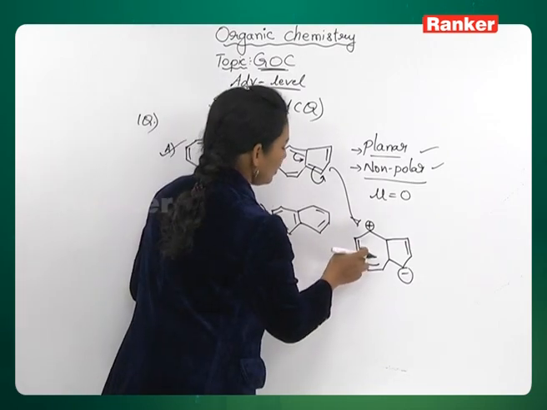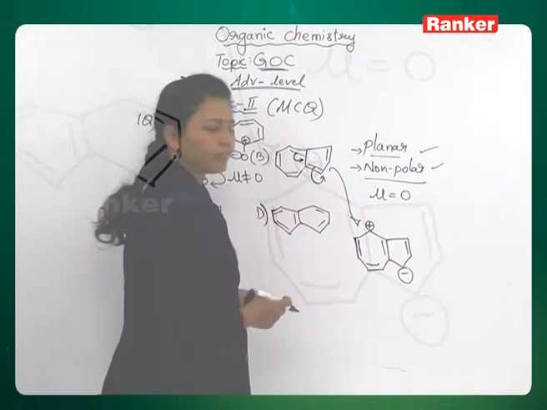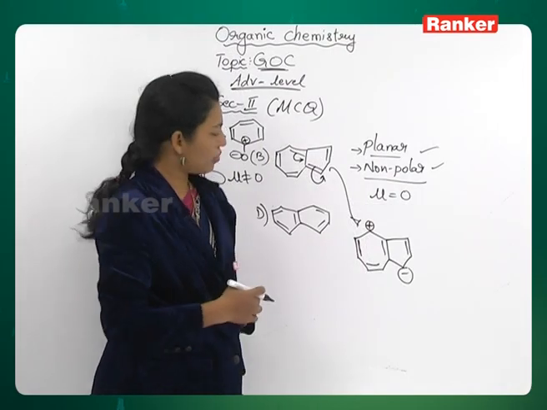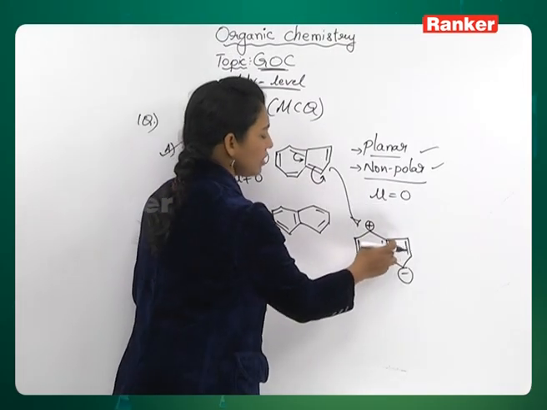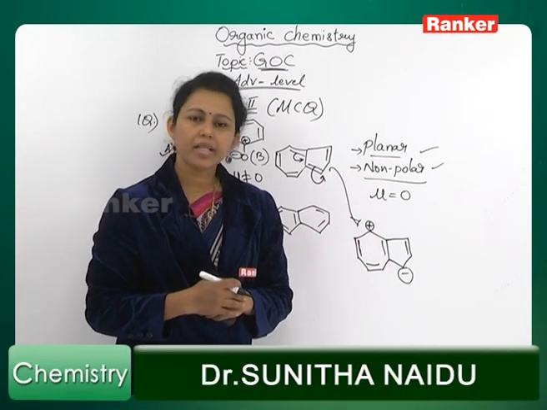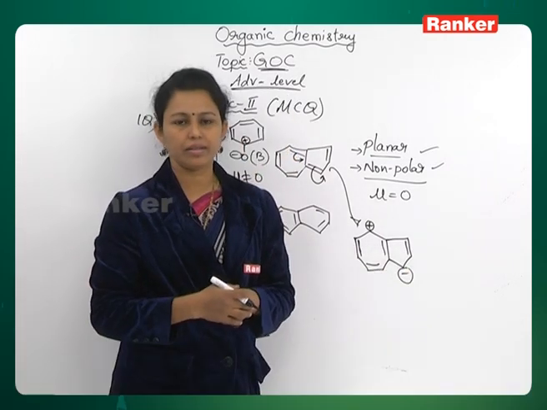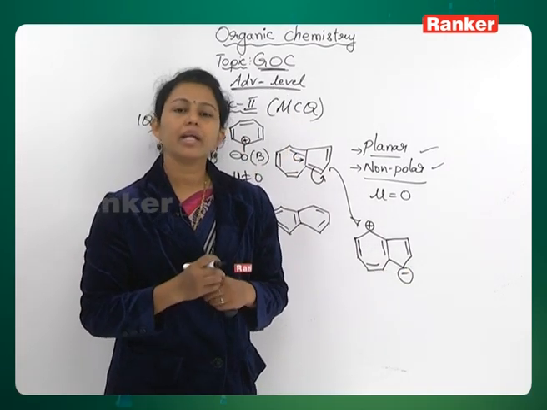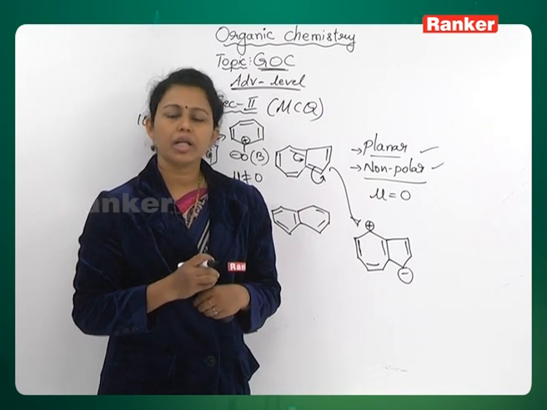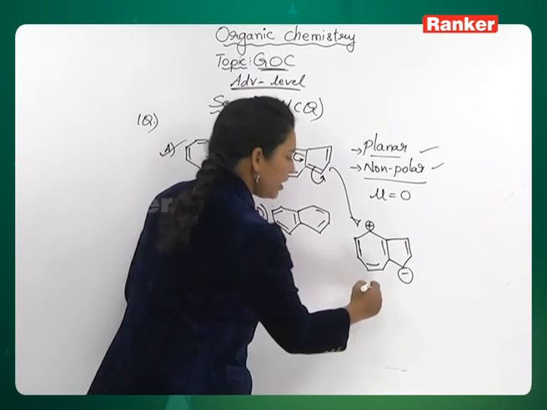If you observe this compound, there were 1, 2, 3, 4 pi bonds. Four pi bonds means 8 pi electrons, and in addition we can consider the 2 electrons of the negative charge. So in total it has 10 pi electrons, and because of the 10 pi electrons it follows Huckel's rule, hence it is aromatic in nature.